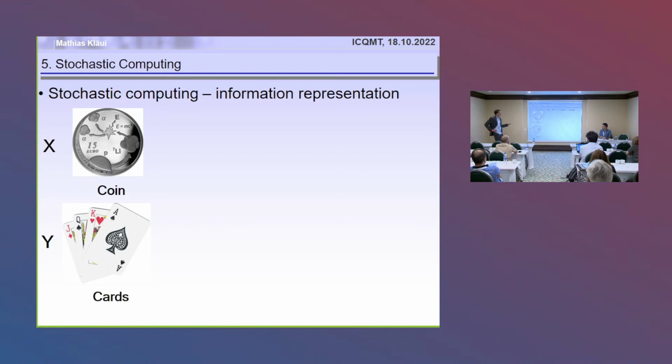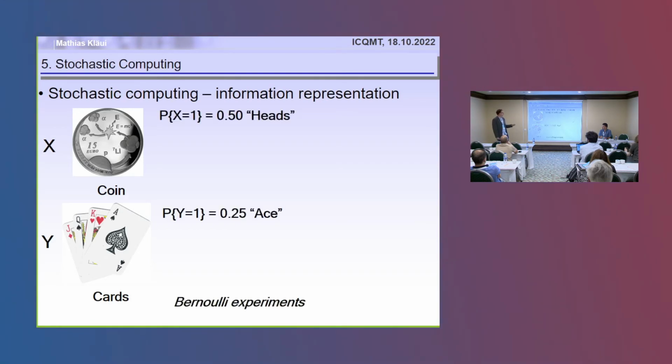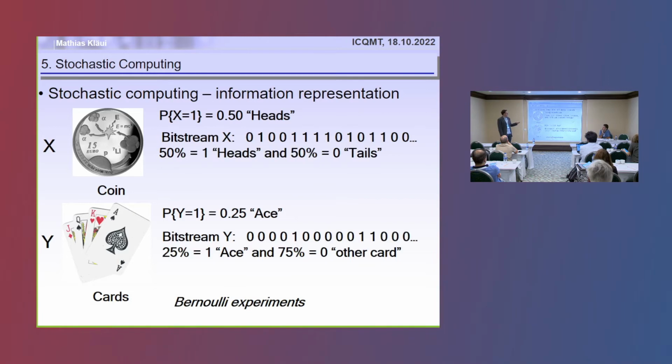If you have a coin, you flip the coin, you have 50% chance of heads and tails. If you have 4 cards, the chance of an ace is 25%. To encode the information of 0.5, we encode this in a bit stream where we have 50% ones and 50% zeros.